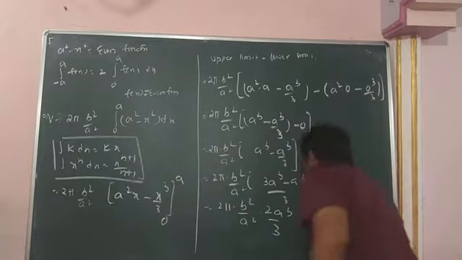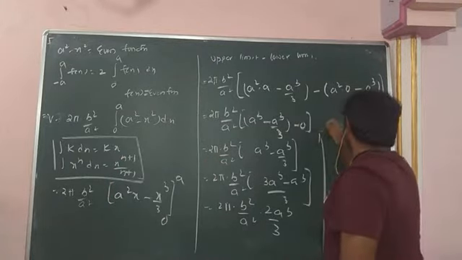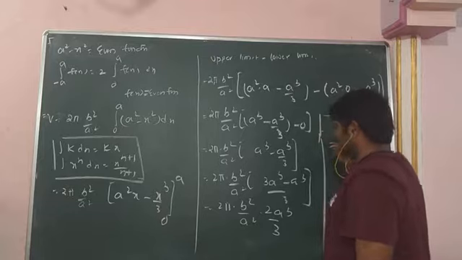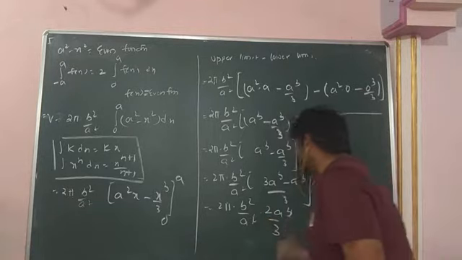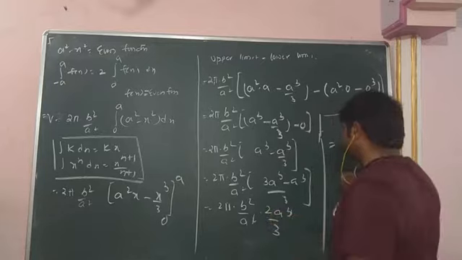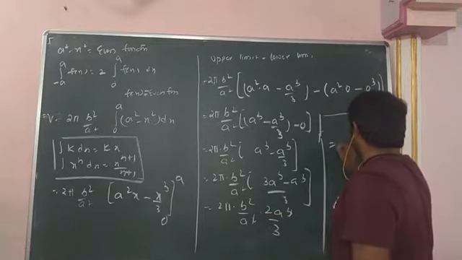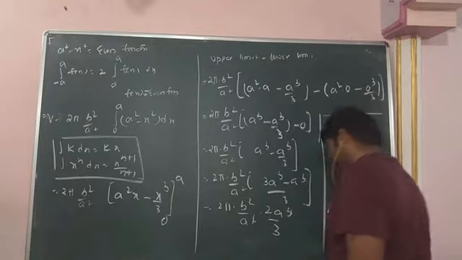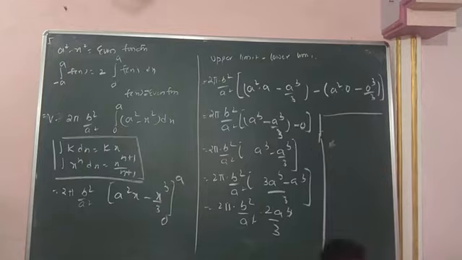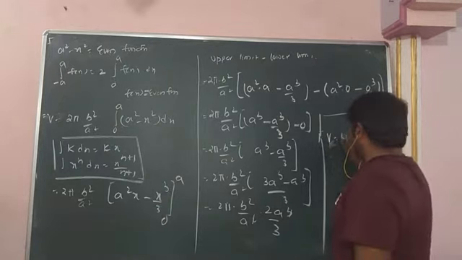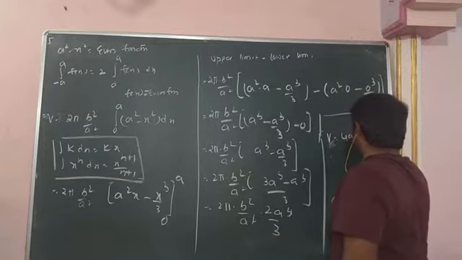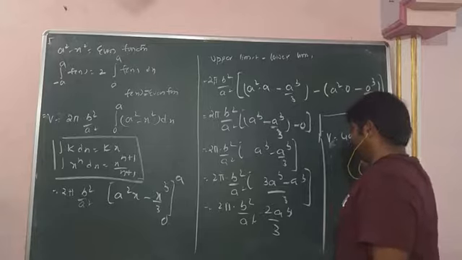So finally, 2 into 2 is 4, and the a square cancels with a cubed. Therefore the value will be equal to 4 a b square pi by 3.